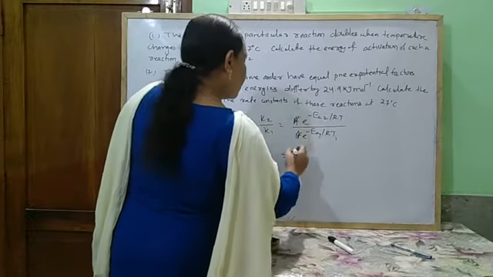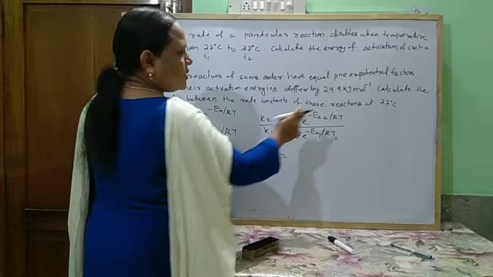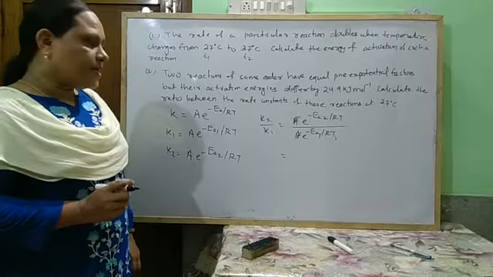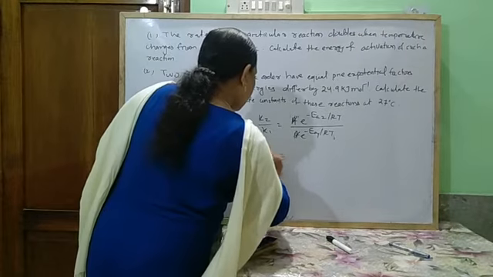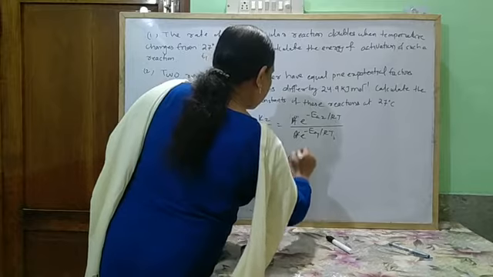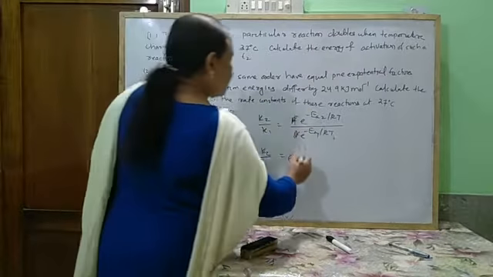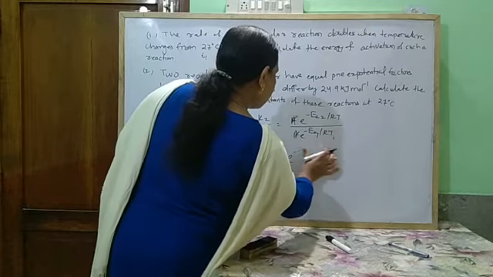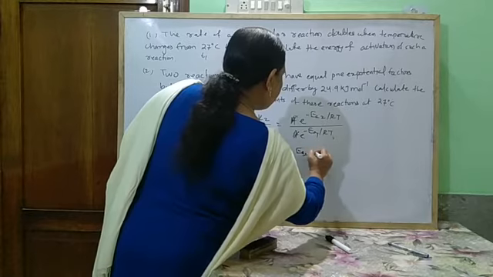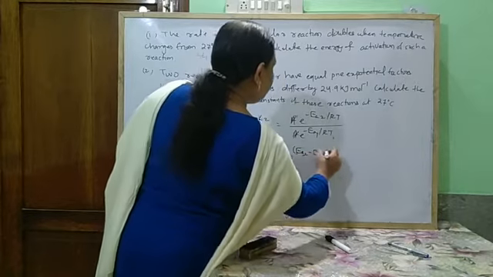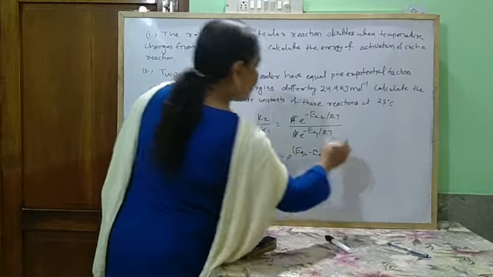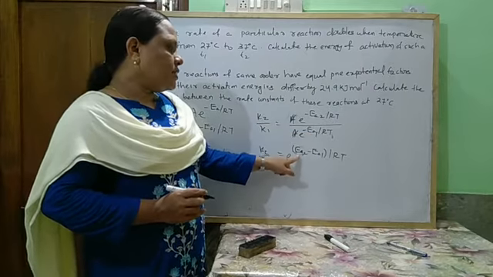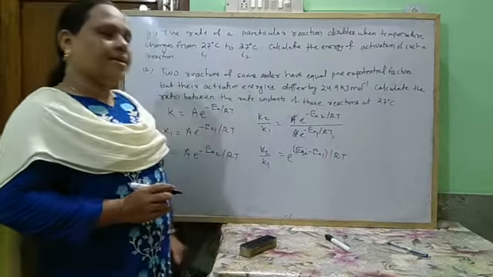So e to the power minus EA2 by RT and e to the power plus EA1 by RT. So we get K2 by K1 equal to e to the power minus (EA2 minus EA1) by RT. So in this way, EA2 minus EA1 by RT.